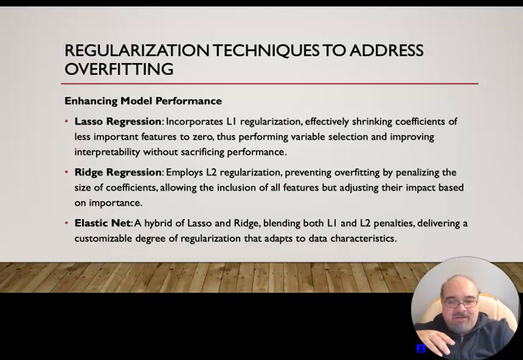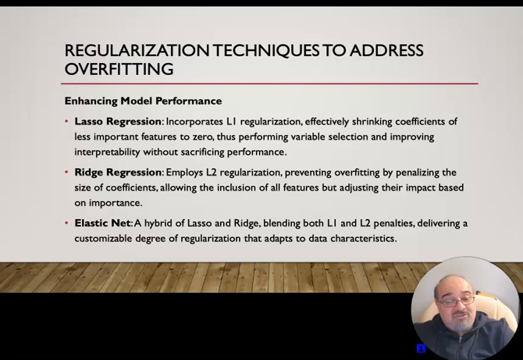But something else that you can do is use regularization to improve model performance and also prevent overfitting. There are several kinds of regularization that are used widely. Lasso regression uses L1 regularization to shrink the less important feature coefficients to zero, basically performing feature selection.